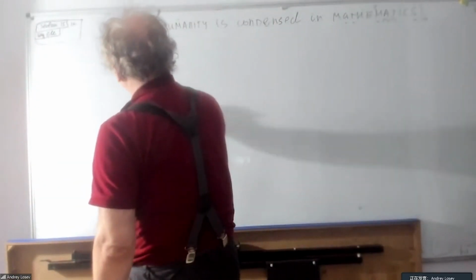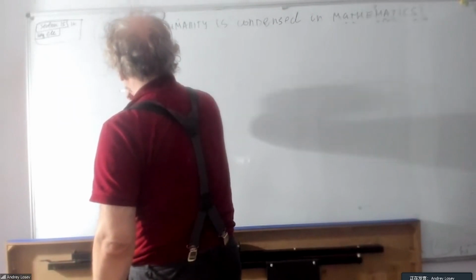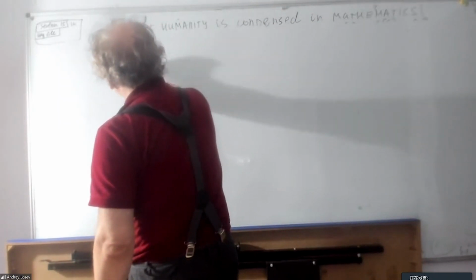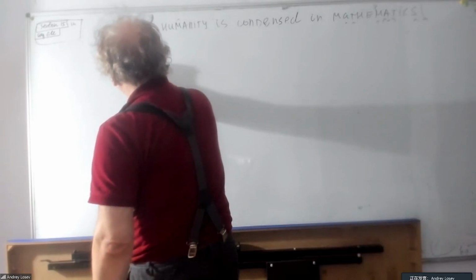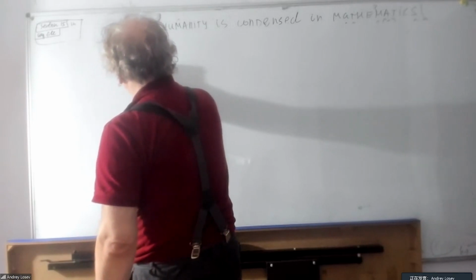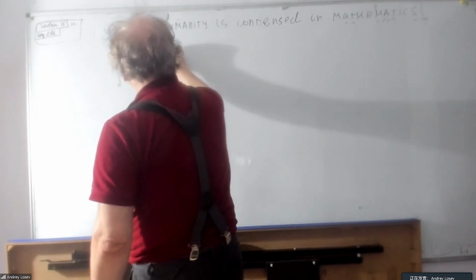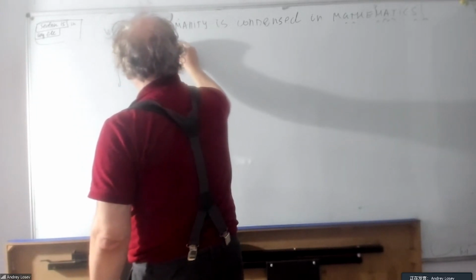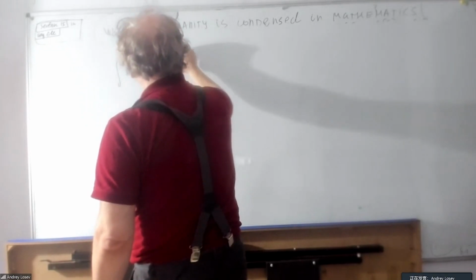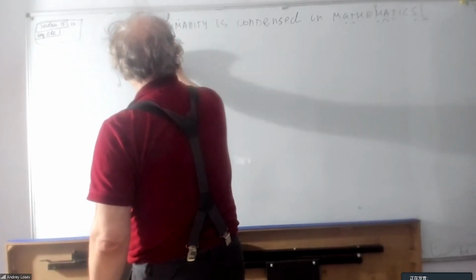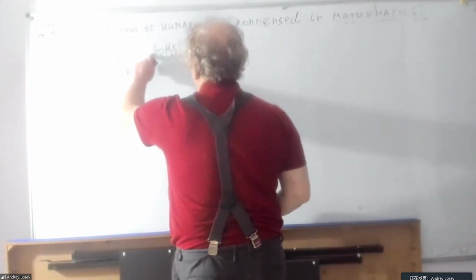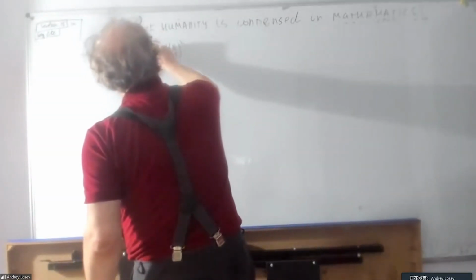So let me start with functional integral over dx e to the minus m dx over dt squared over 2. Sorry, not minus. I over h.